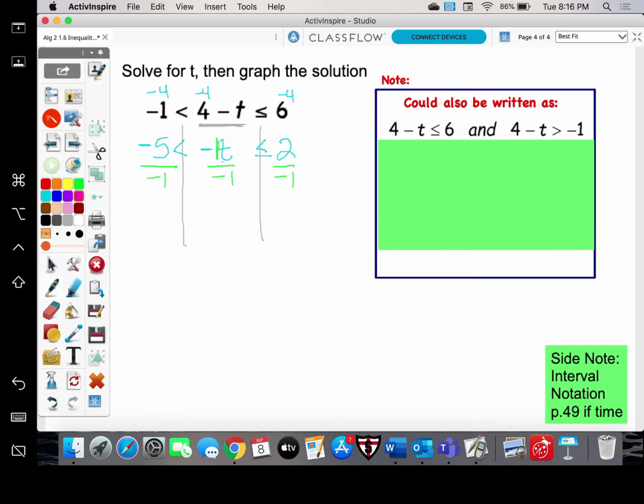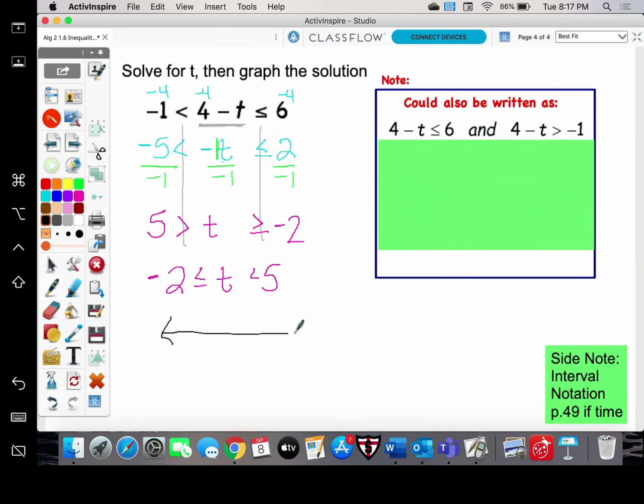And when I divide by a negative, remember that fun fact, we get to flip the sign. So this is a +5, flip the sign to greater than, t, flip the sign to greater than or equal to, -2. All right, now it is a little strange to have the larger number on the left, so we can just kind of mirror image this and say -2 is less than or equal to t is less than 5.